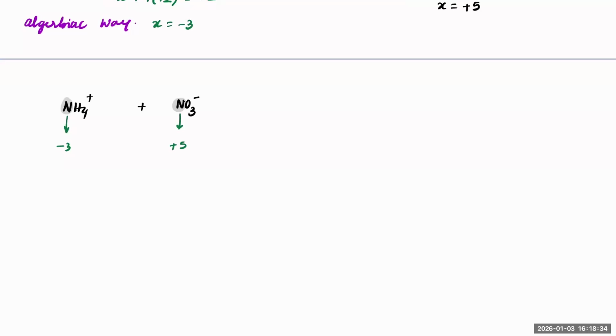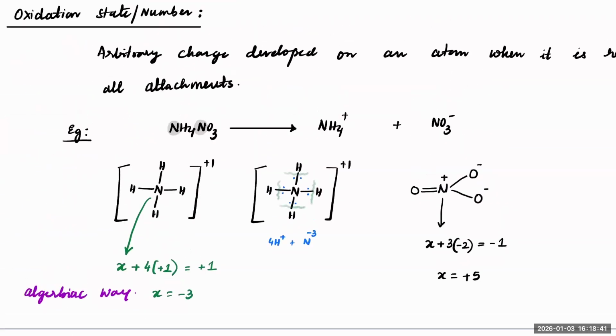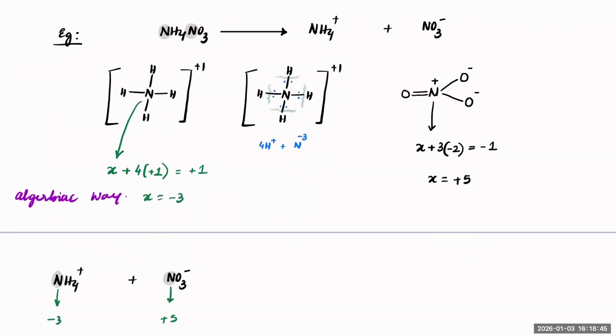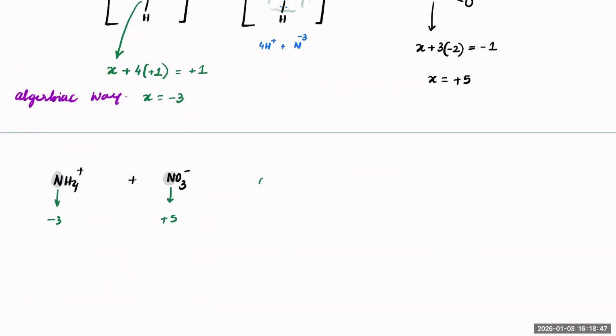See, oxidation state is when you define it for every single atom. But now, when I took this molecule, it has two nitrogens in one molecule, right? In that case, oxidation number can be defined. Oxidation number is the average of all oxidation states.